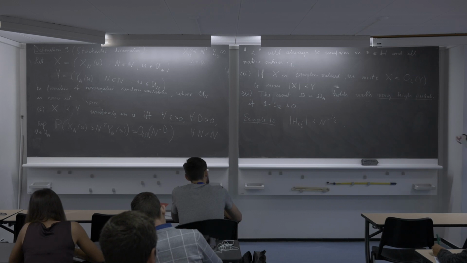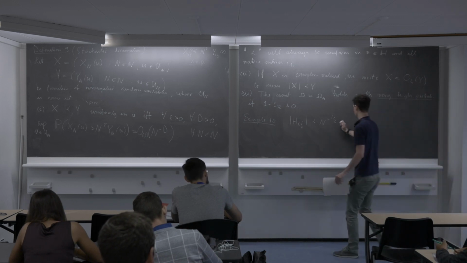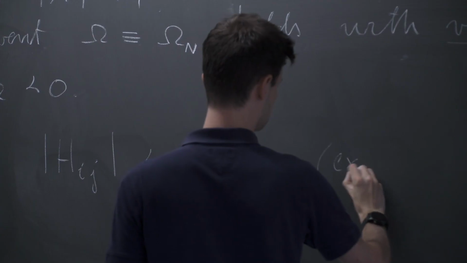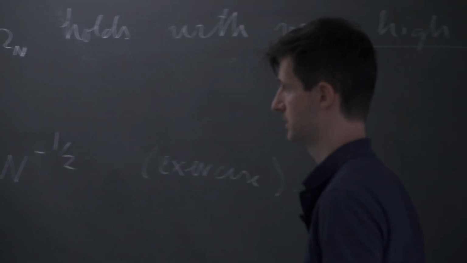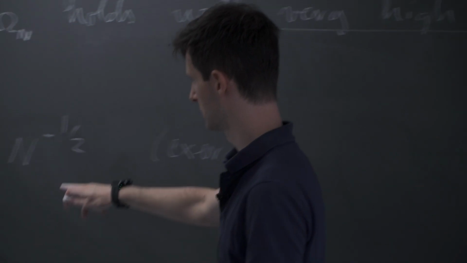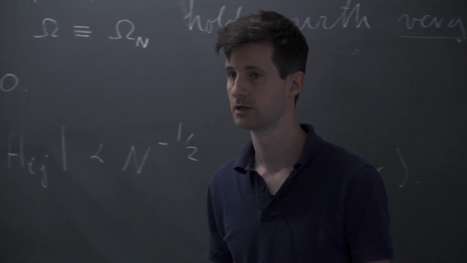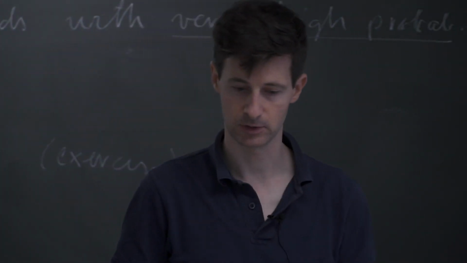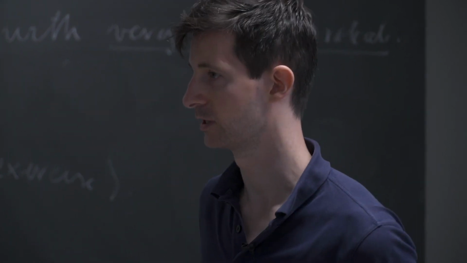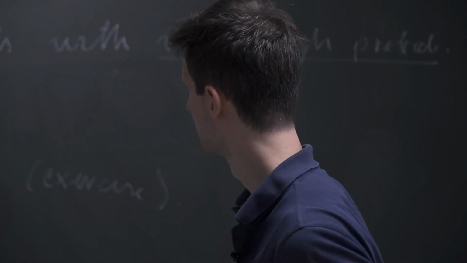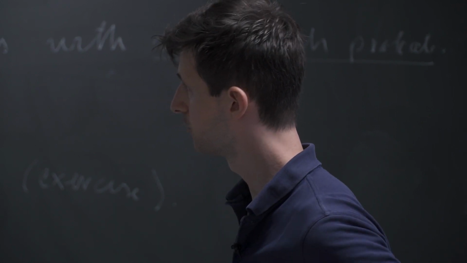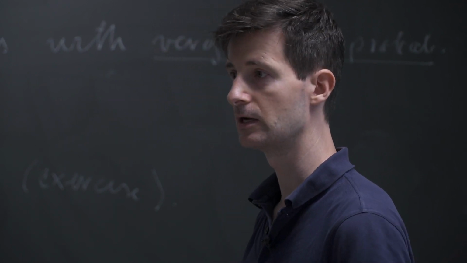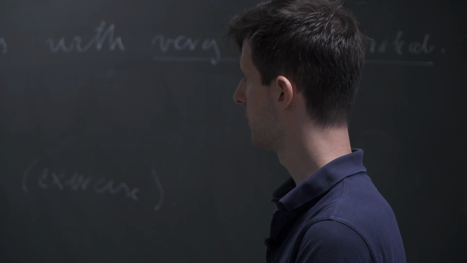This is a very simple exercise. It's going to be on the next problem set. Basically, you just have to understand what this means. You have to go back to the definition of the Wigner matrix, and you have to use Chebyshev's inequality, and that's about it. So I'll leave this as an exercise, but I think it's a very valuable one to get an idea for what this means and how these things work.